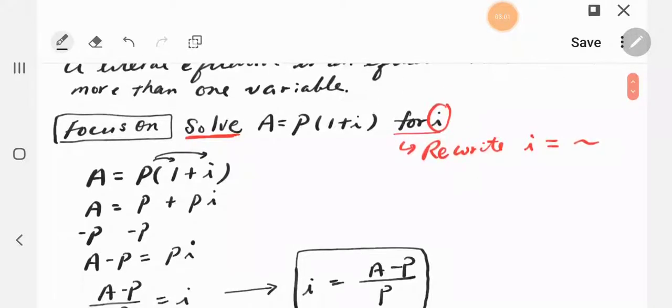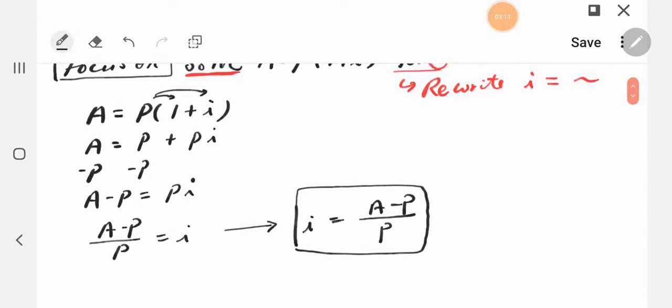When we solve a literal equation, make sure that the variable that you want to solve for is on one side of the equation, either the left side or the right side. In this case, I is on the right side of the equation, and once you find I, interchange the sides. So I will be on the left side of the equation, and the expression on the right side will be the solution for this.